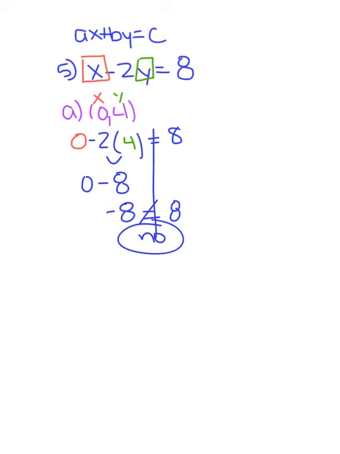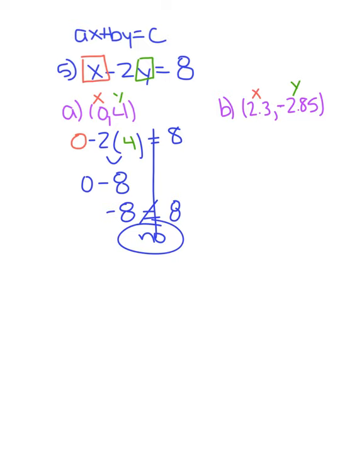All right, try another point. Here's B. For B, we're going to put some decimals in: 2.3, comma, negative 2.85. I said they could be whole numbers, fractions, or decimals. All of these are points, and they could be on the line, or they may not be on the line. So 2.3 is x, negative 2.85 is y.